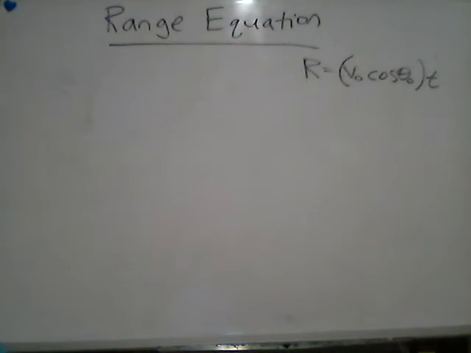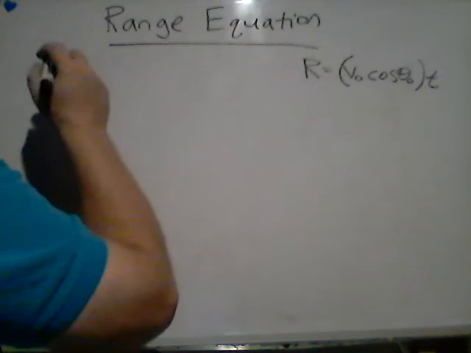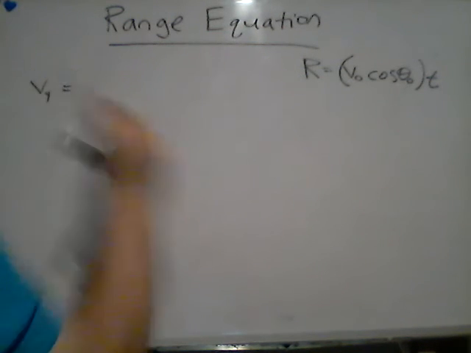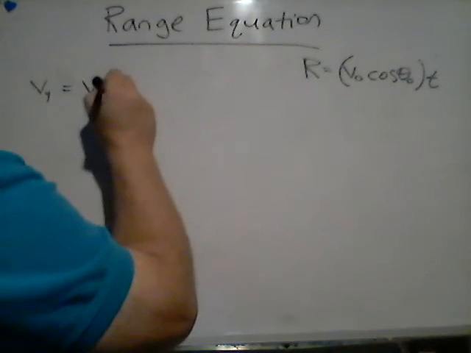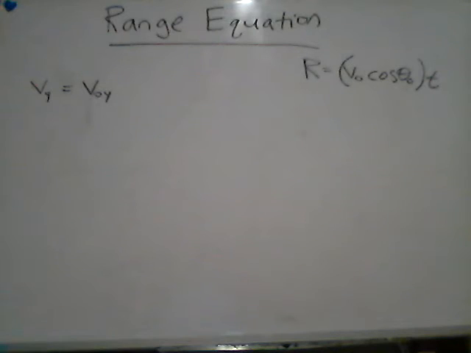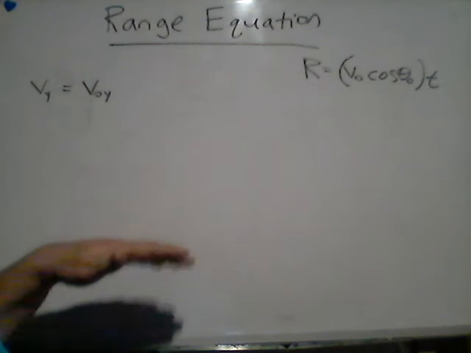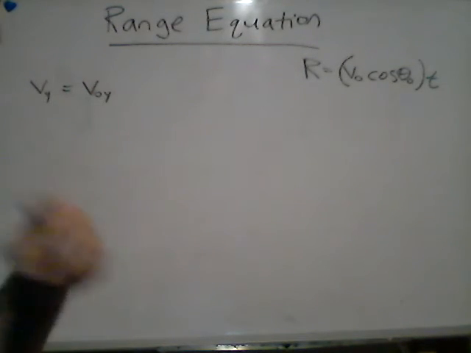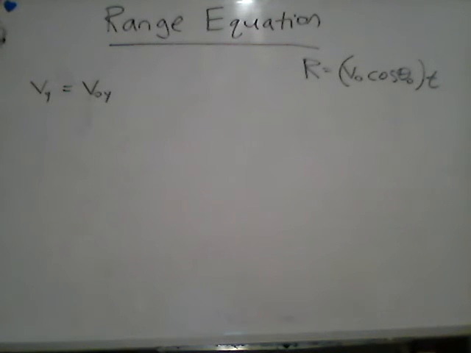Now, in the y direction, I want to employ the following equation: v sub y is equal to v naught sub y. What I really want to do is discuss the upward motion, and I'm going to use symmetry to say that the downward motion is going to be exactly like the upward motion.